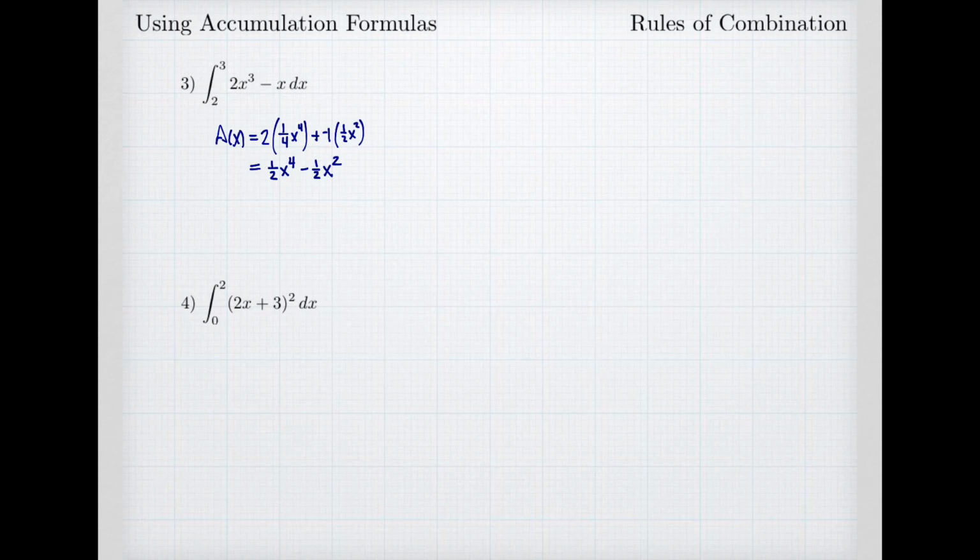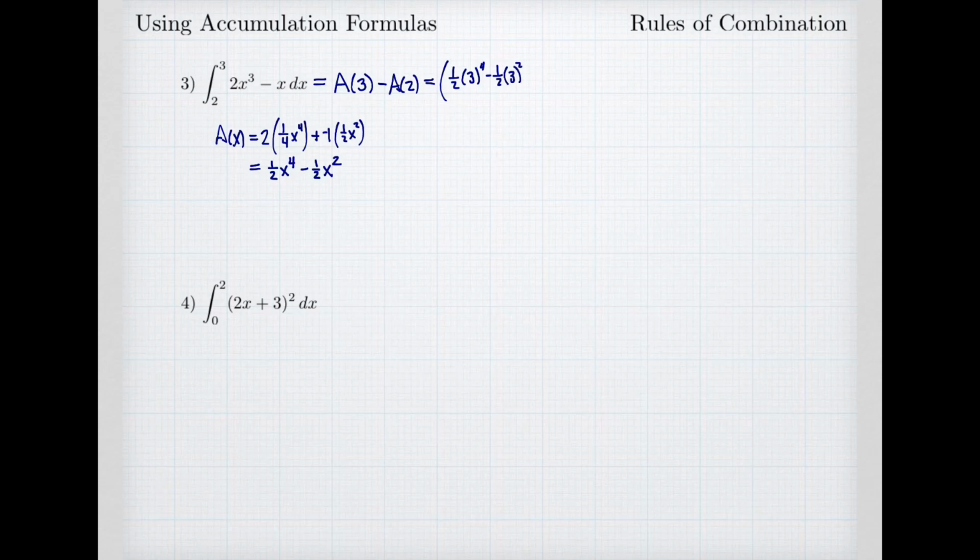So to find the value of the definite integral where we start at 2 and end at 3, by the principle of accumulation, this will be my accumulation function evaluated at 3 minus my accumulation function evaluated at 2. When I evaluate 3, now notice I put the value of my accumulation in parentheses. That's especially important because of the negative sign that we want to keep track of. So I evaluate 1/2 of 3 to the 4th minus 1/2 of 3 squared.